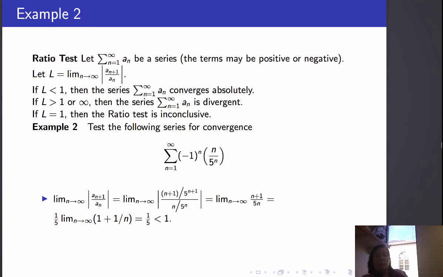And now we have a lot of cancellation here. After cancellation, we have the limit as n goes to infinity of (n+1) over 5n. And that's equal to 1/5 times the limit as n goes to infinity of 1 plus 1 over n, which is 1/5. This is less than 1, so therefore our series converges absolutely.